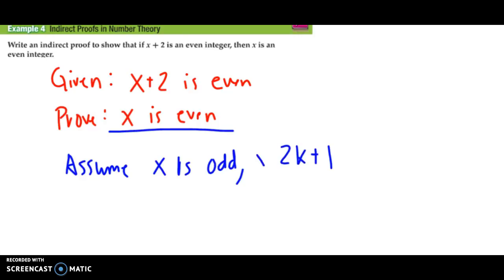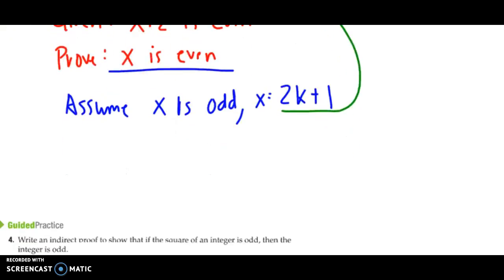Okay? So x is equal to 2k plus 1, so it's an odd number. So let's take this odd number, 2k plus 1, and plug it in right here for x. And so we'd say 2k plus 1 plus 2 should be odd.